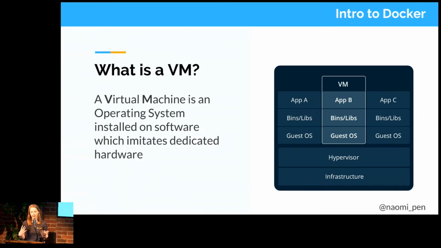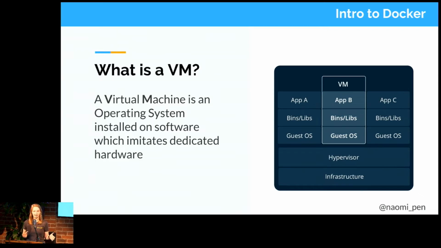Think about it this way: you have your machine. I've got my Mac right here, and I could install software like VirtualBox or Parallels on top of that. Then I could install Windows on top of that, and I'd have a Windows virtual machine in which I could run programs that only run on Windows. That is an example that people are sometimes familiar with, even if they haven't done it professionally yet.